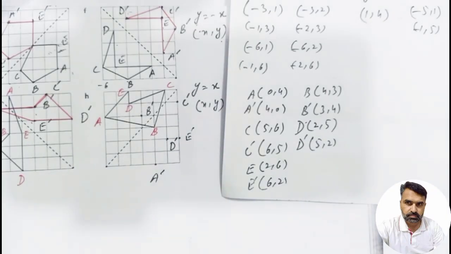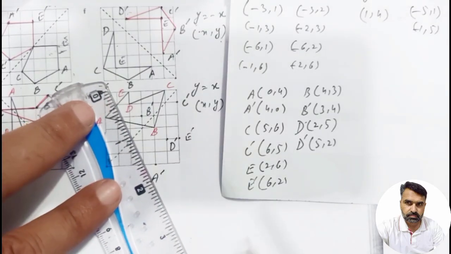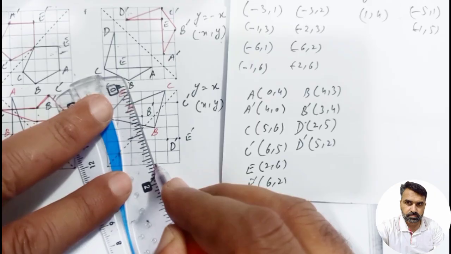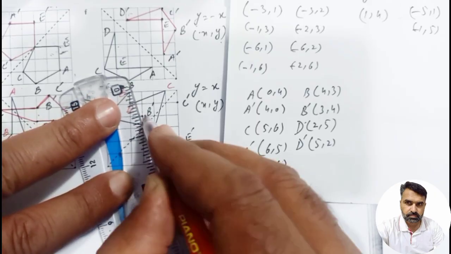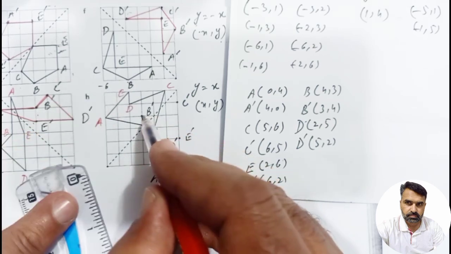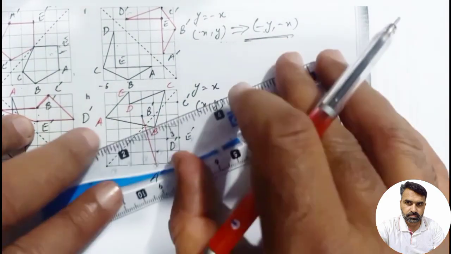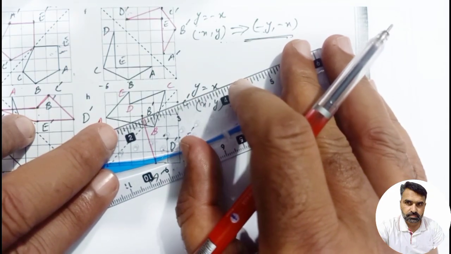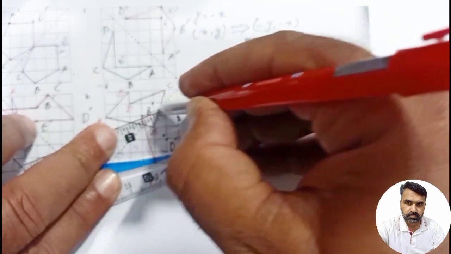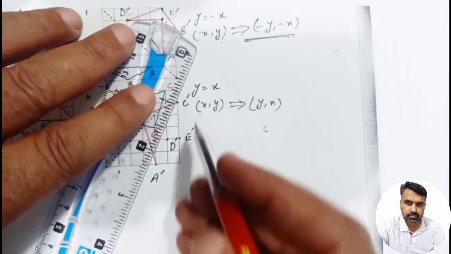Now students, I will join A prime to B prime. This is A prime and it is B prime. So these 2 points will be joined. Then B prime to C prime. Then students, C prime to D prime.